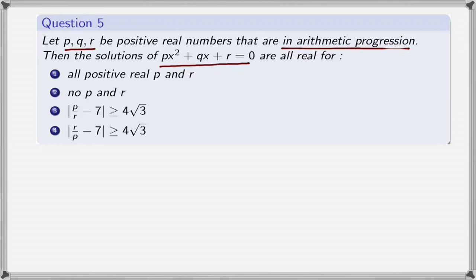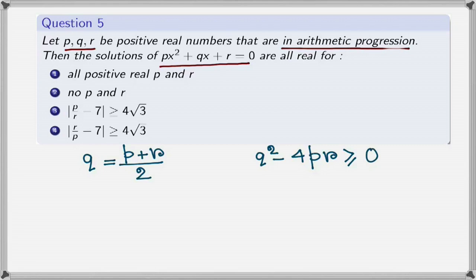First note that q is equal to (p + r)/2, because we are told that p, q and r are in an arithmetic progression. Now as we know, the necessary and sufficient condition for the quadratic equation px² + qx + r = 0 to have all real solutions is q² - 4pr ≥ 0.